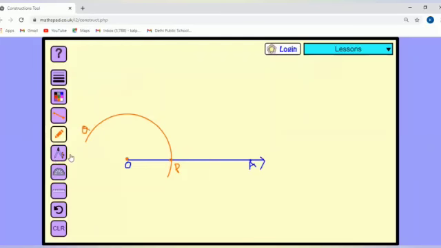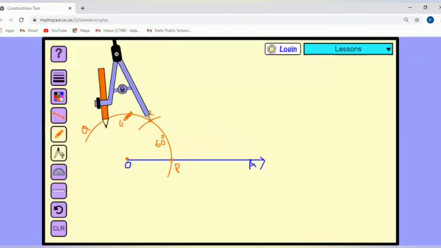Now with the same radius from P, cut the arc PQ. This gives 60 degrees. With the same radius, with R as center, cut the arc PQ. It is next to 60 degrees.